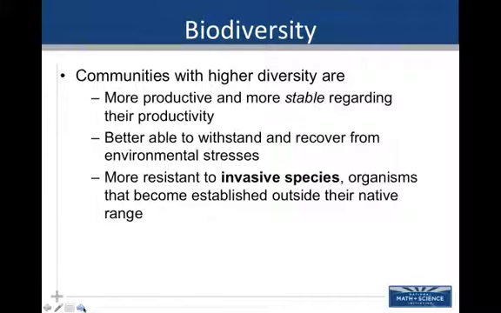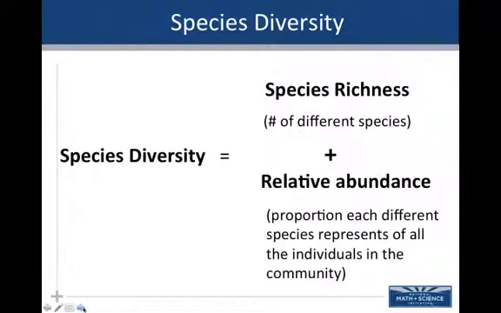When we talk about invasive species that are highly successful, they tend to have an invasion effect on communities and populations if they are able to find a niche that they can fit into. But these diverse communities are able to be more resistant to them. So when we talk about species diversity, what are we looking at?